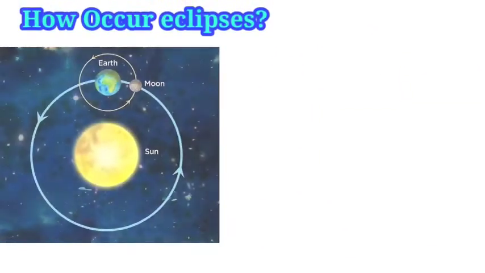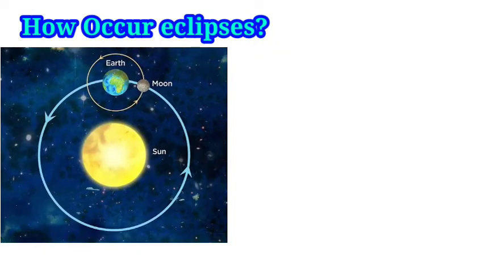Let's understand how eclipses occur. Let's know how the relative position of the moon, the earth and the sun affects the formation of eclipses. The orbital path of the earth and the orbital path of the moon are not in the same plane.